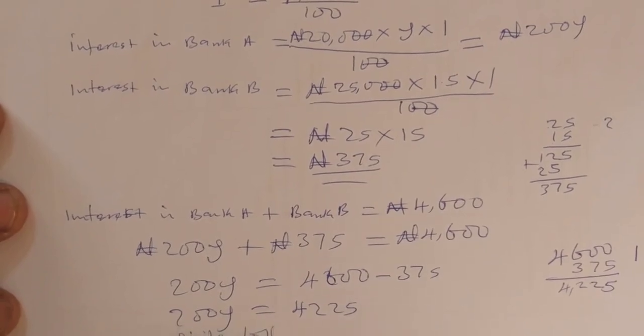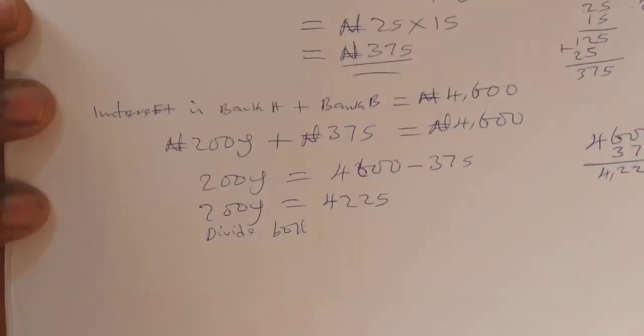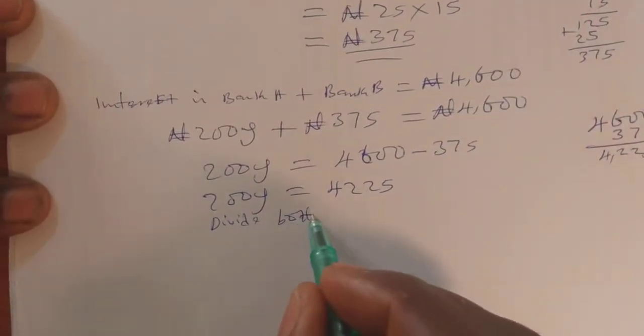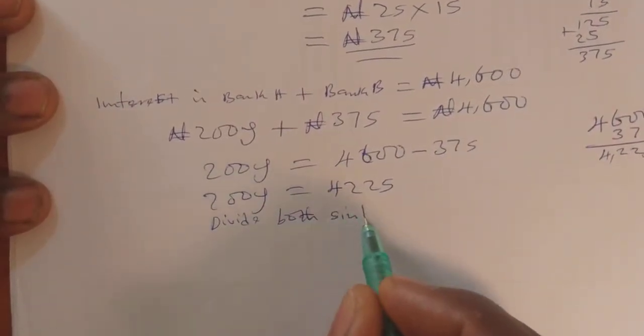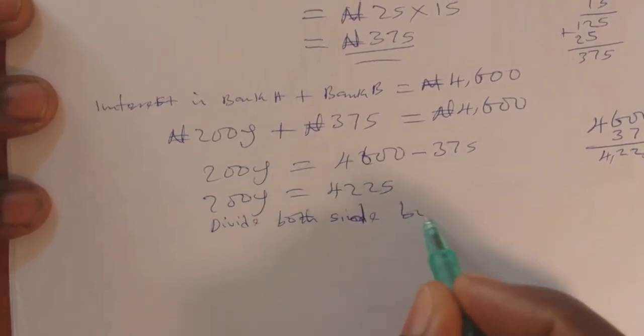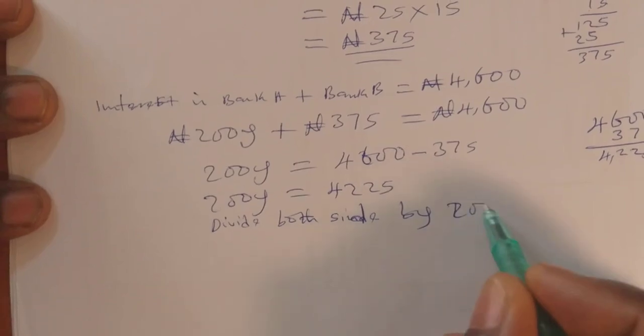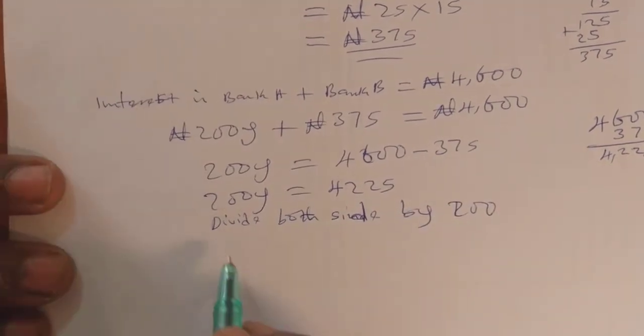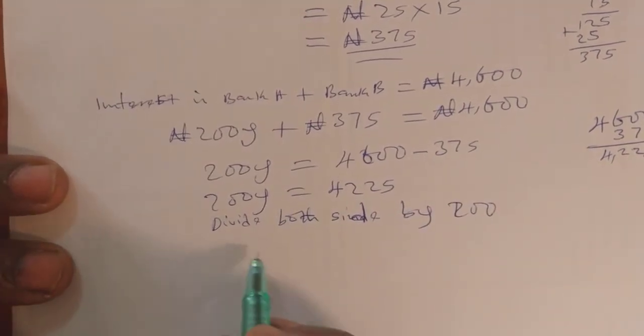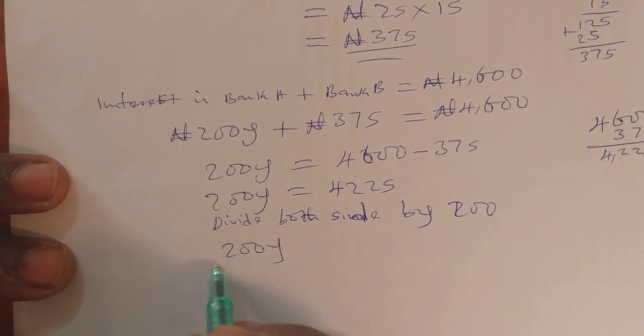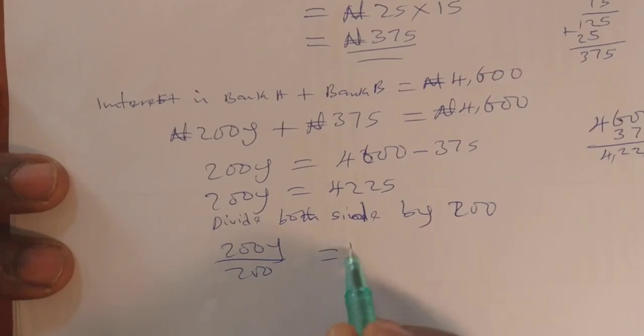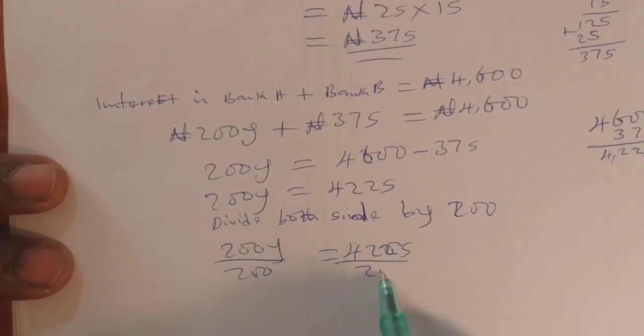So we divide both sides by 200. This is the same thing as 200Y divided by 200 equals 4,225 divided by 200.